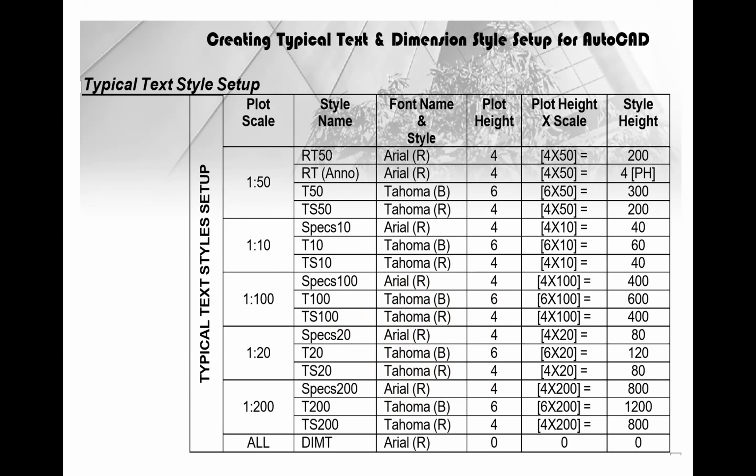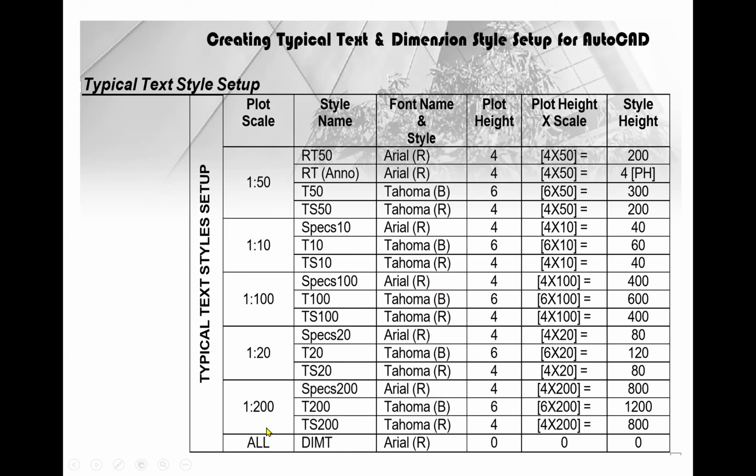So I have a handout on Moodle, same place where you got the other handouts called typical text and dimension style setup for AutoCAD. And then we're going to be having another standard for multi-leaders with the arrows and stuff like that, and one for tables. So every time I introduce things, I'll just go through them to let you know how to use it. So the second column rather, because the first column is the title.